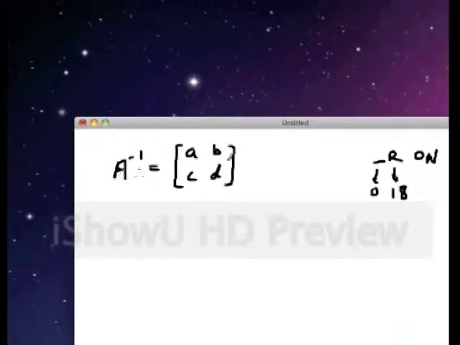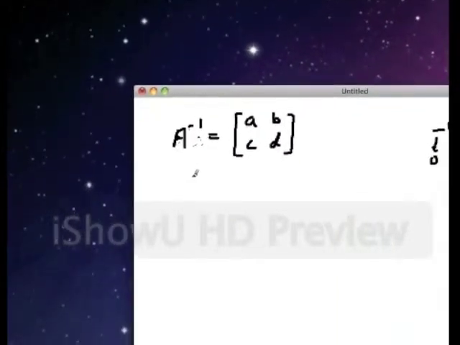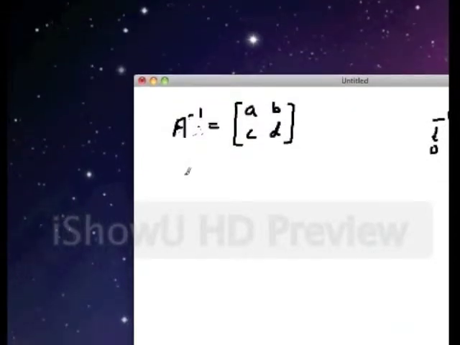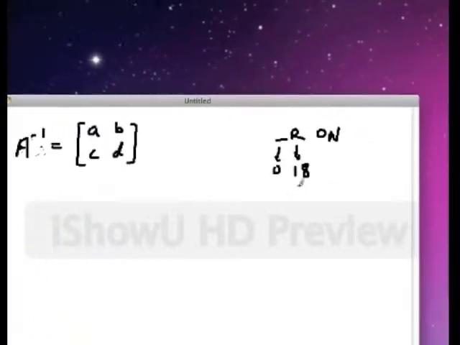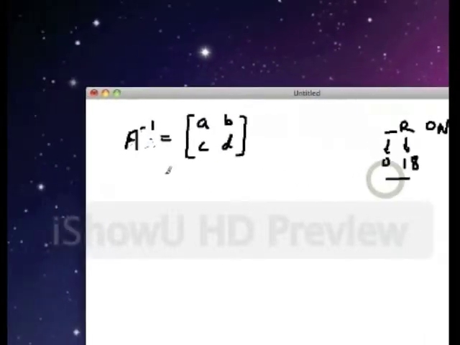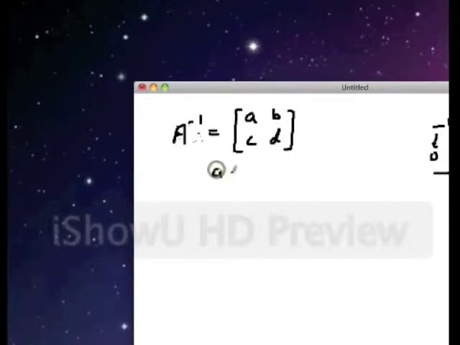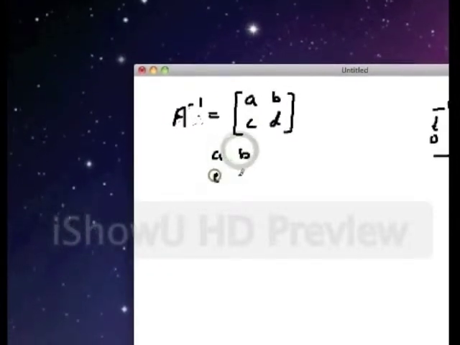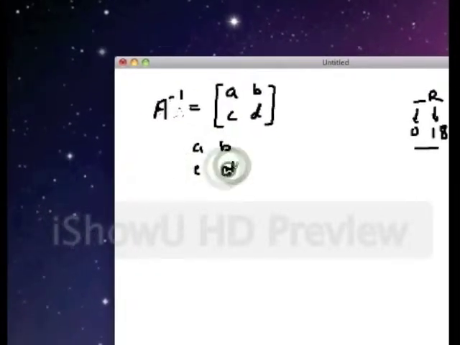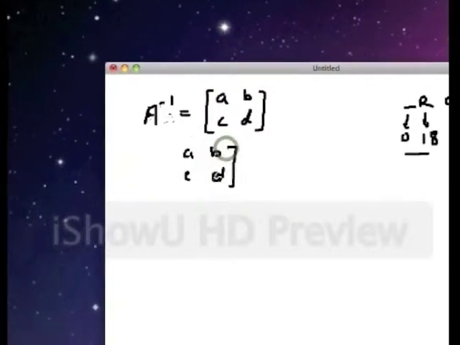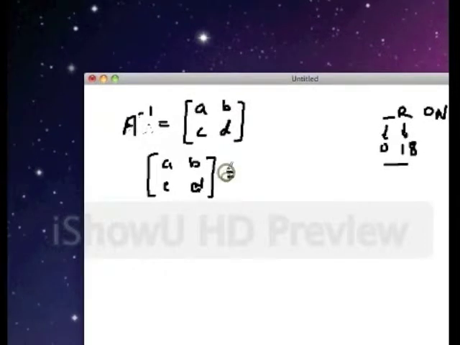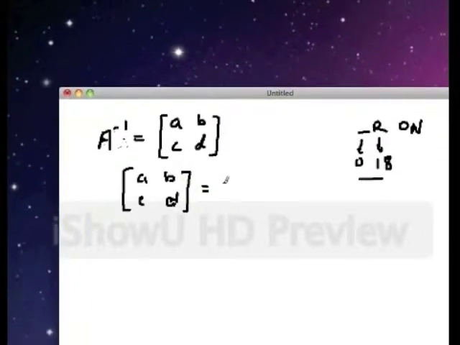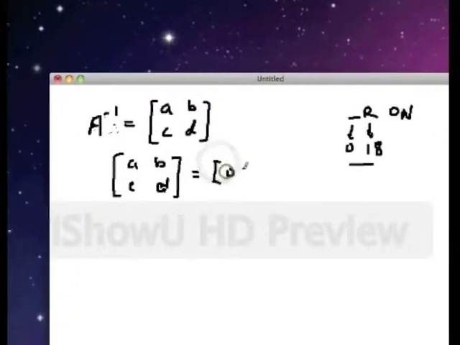So 0 by 18 should be our output. When I have A, B, C, D, we should get an output of 0, 18.